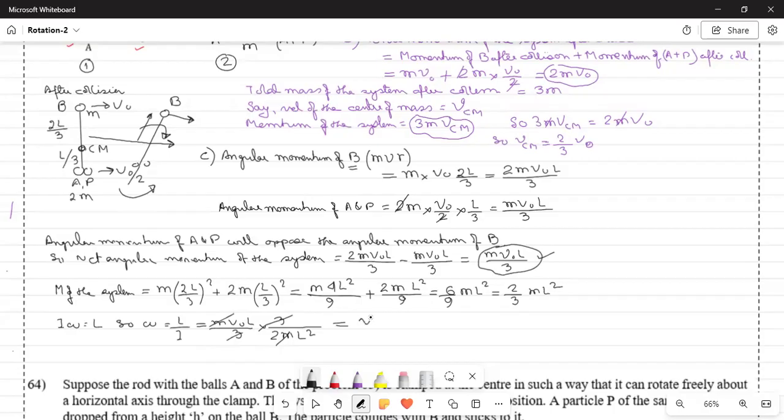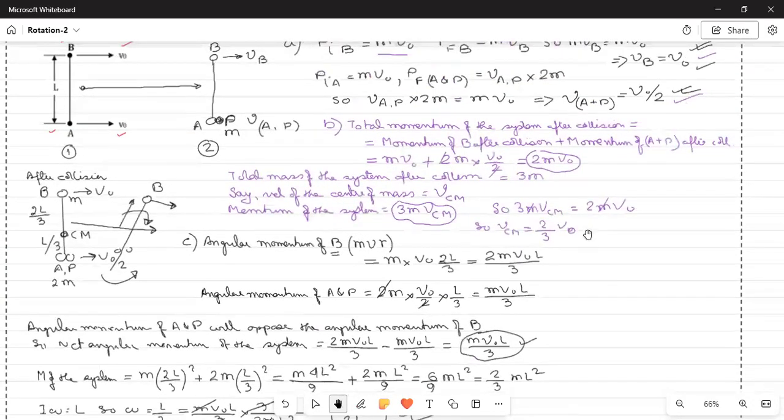So we have V0 by 2L. So this is the angular velocity. In part B, we found out the velocity of the center of mass, and in part A, we have found something else. Okay, so that's it. Then we go to the next problem.